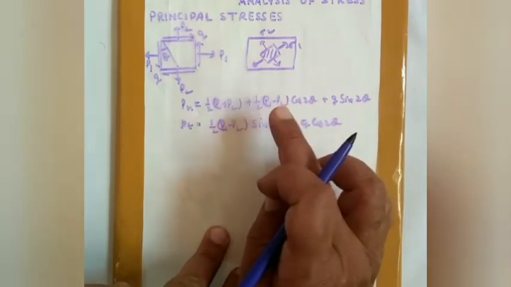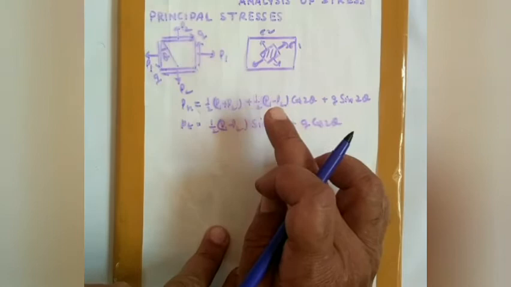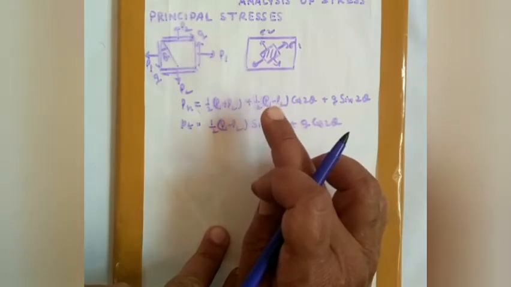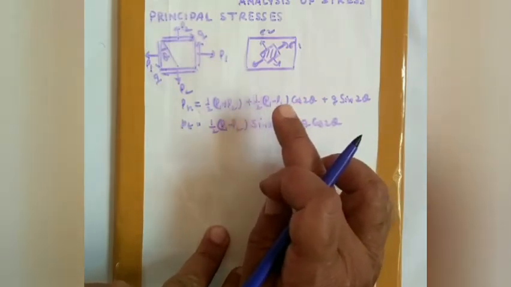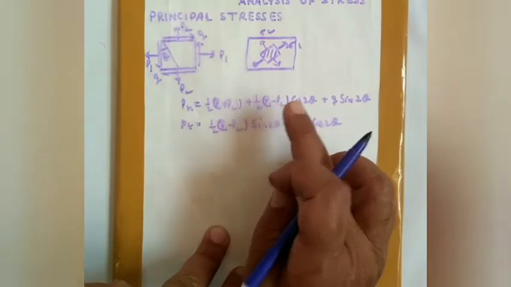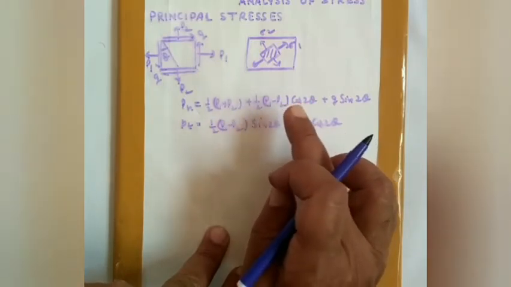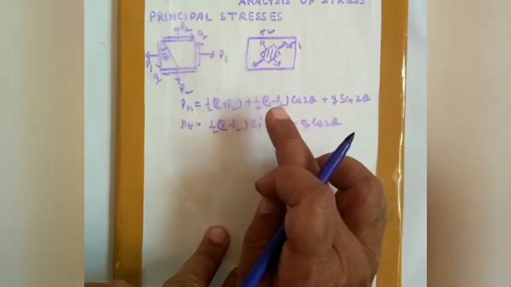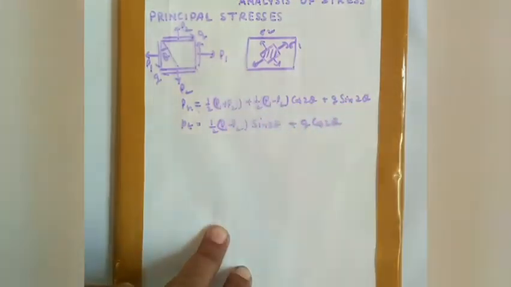The minimum normal stress is called the minor principal stress, and the plane at which it acts is called the minor principal plane.